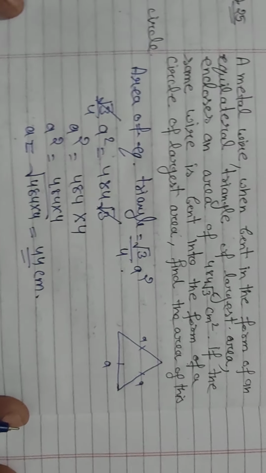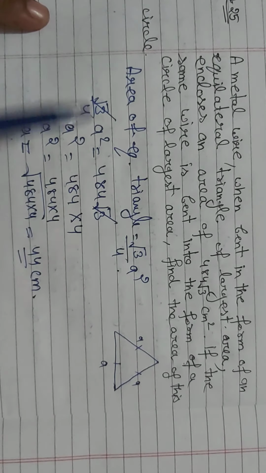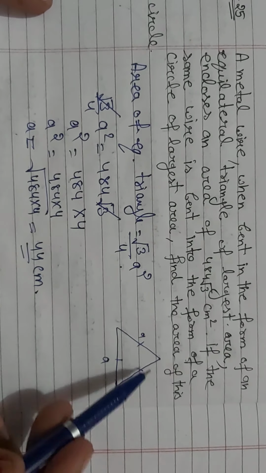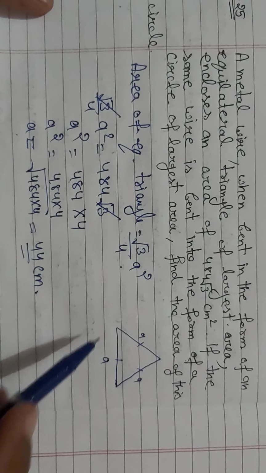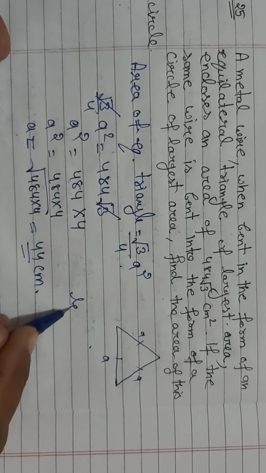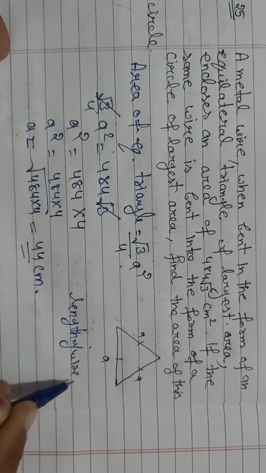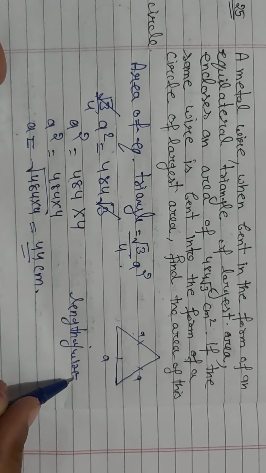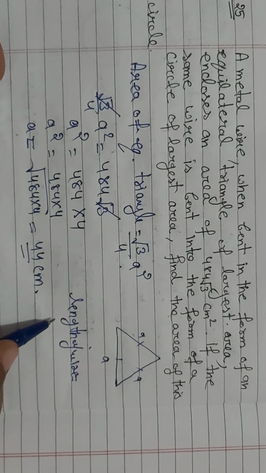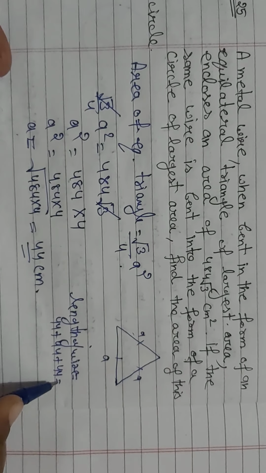Next, if the same wire is bent into the form of a circle. अगर इसी वायर का हमने सर्कल बना दिया, तो पहले हम इस वायर की लेंथ निकालेंगे. लेंथ ऑफ द वायर, सम ऑफ ऑल साइड्स. Then length of wire equals sum of three sides, 44 plus 44 plus 44, because all sides are equal.